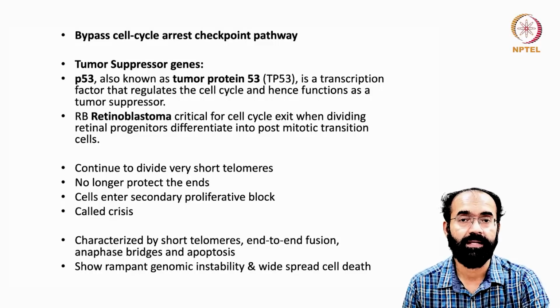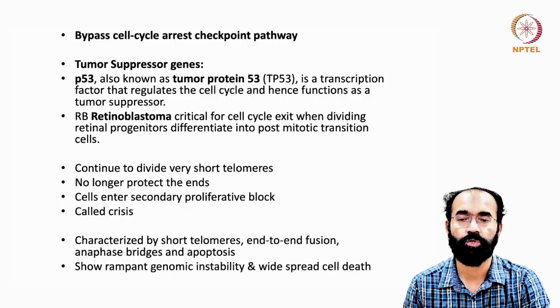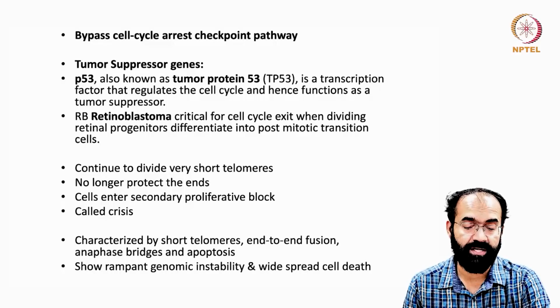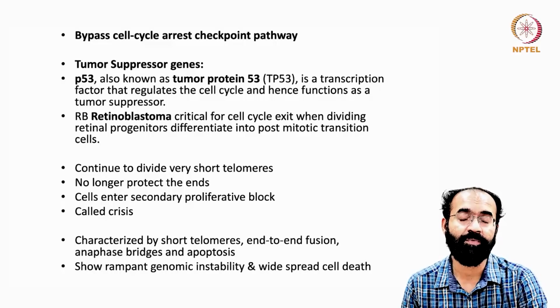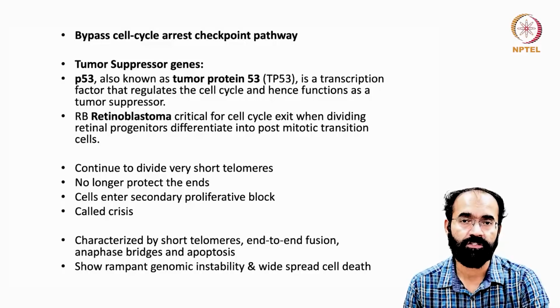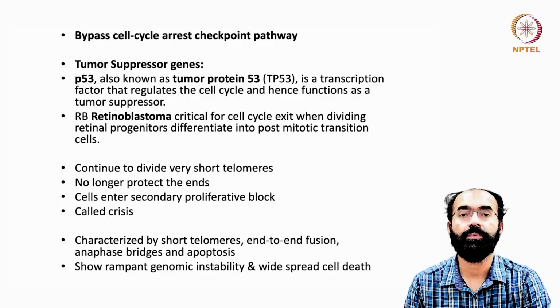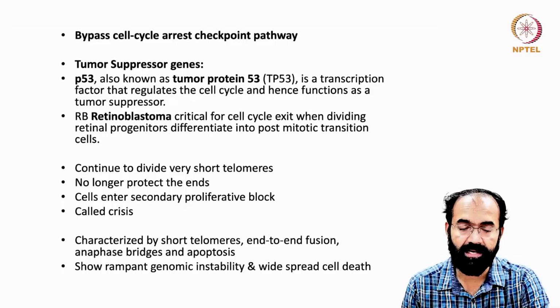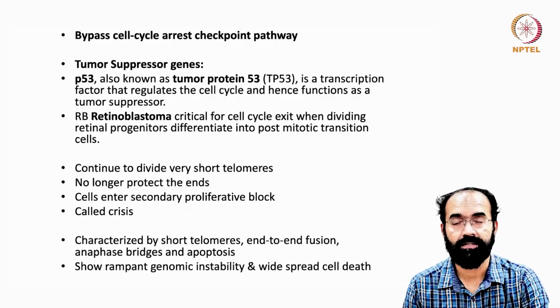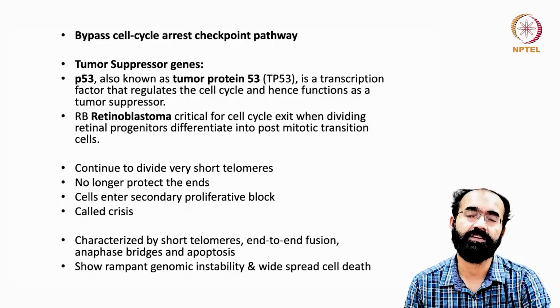Chromosomes can fuse end to end, resulting in bicentric chromosomes with 2 centromeres, and it will lead to anaphase bridges and apoptosis. Anaphase is the final stage of mitosis. It has prophase, metaphase, anaphase, and telophase.